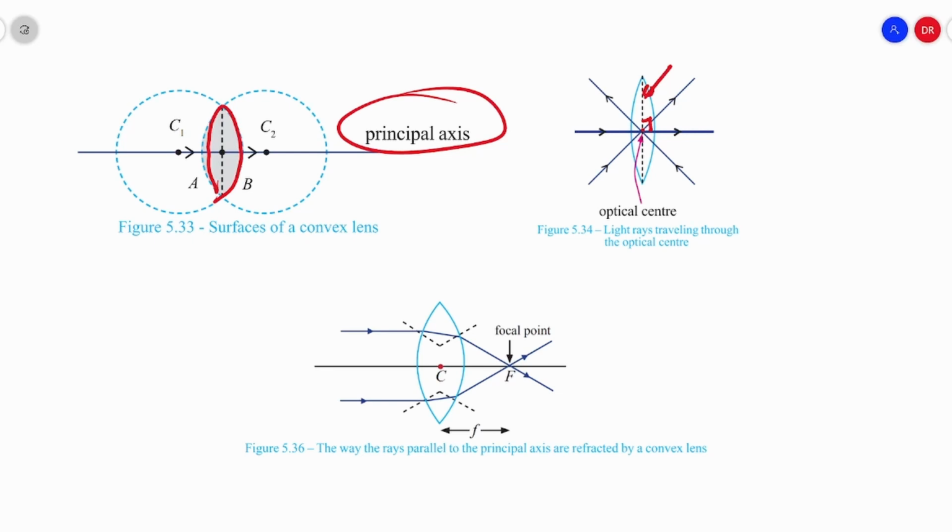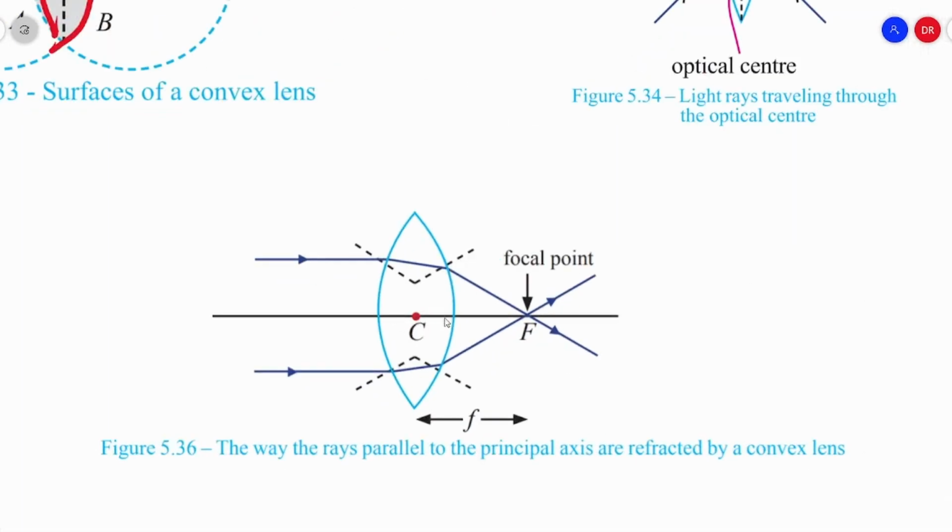The simple letter f is used to denote the distance from the optical center to the focal point.